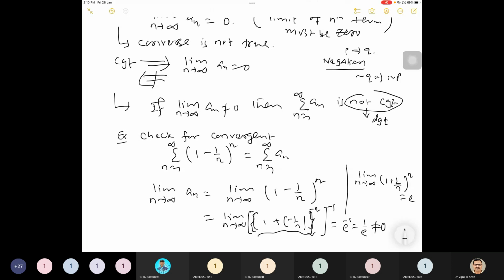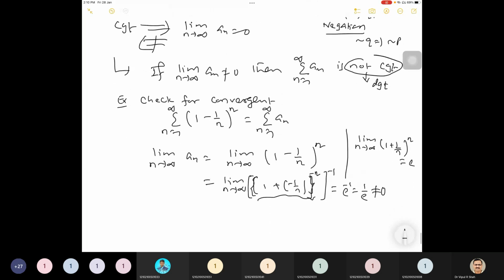And the limit of the nth term is not 0. So what does it mean now? It is divergent. Yes or no?